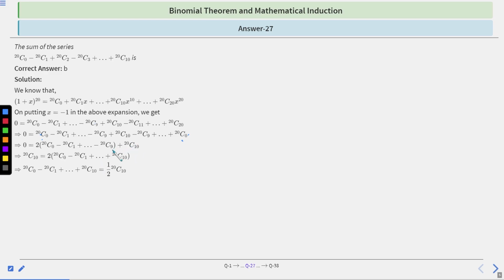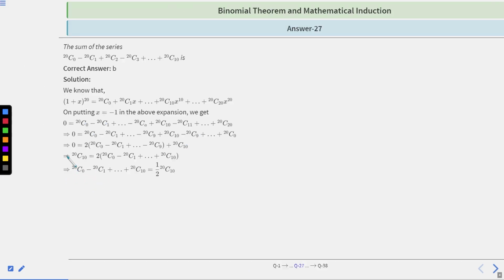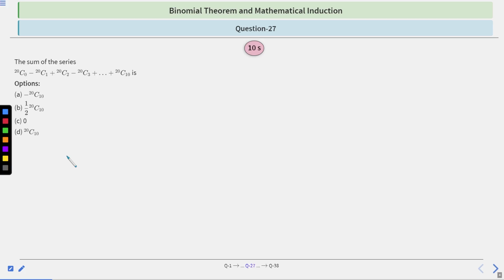Clear? So let's move 20C10 to the other side. You will get 20C10 is equal to 2 times 20C0 minus 20C1 till 20C10. Clear? So the summation of 20C0 minus 20C1 till 20C10 is basically 1 by 2 20C10. So I think option B is the right choice. 1 by 2 20C10. Clear?